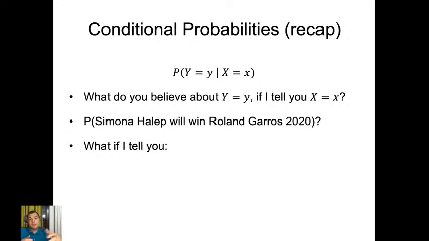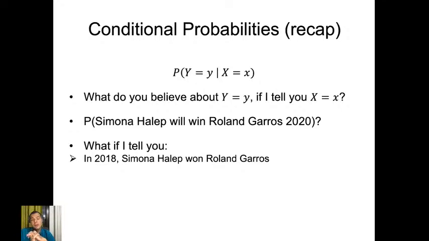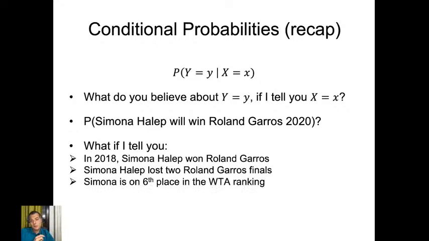So this is the Bayesian view. To consider conditional probabilities, and instead of just looking at this individual event, we also look at related events. So, okay, what if I tell you that in 2008, Simona Halep won Roland Garros, and she also played 2 other finals, but she lost the title then.